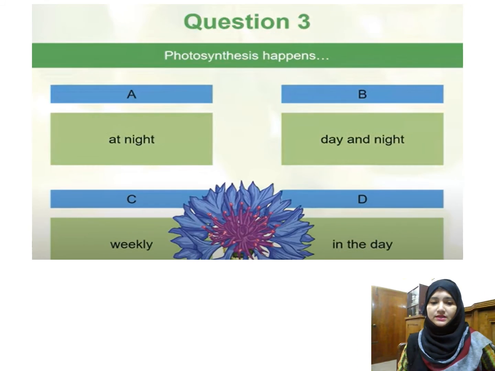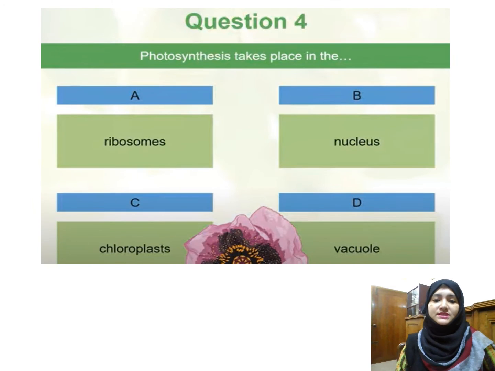The next is photosynthesis. Photosynthesis takes place in the ribosomes, nucleus, chloroplasts, vacuoles. And I think all of you can answer this question.